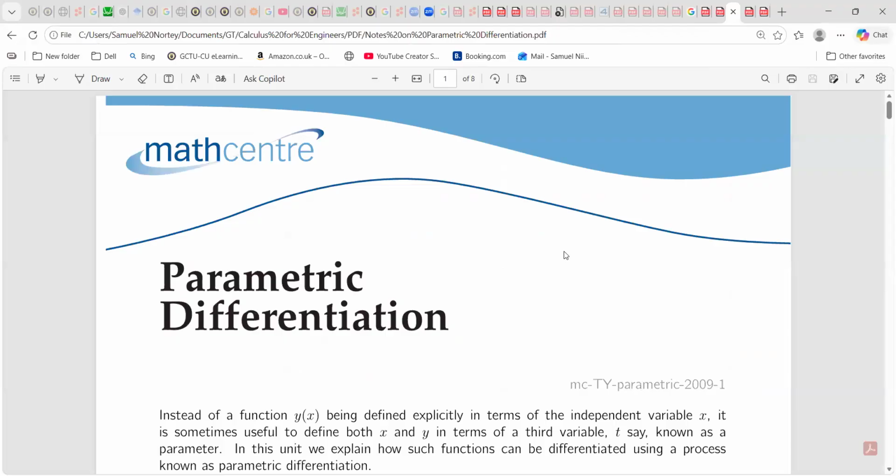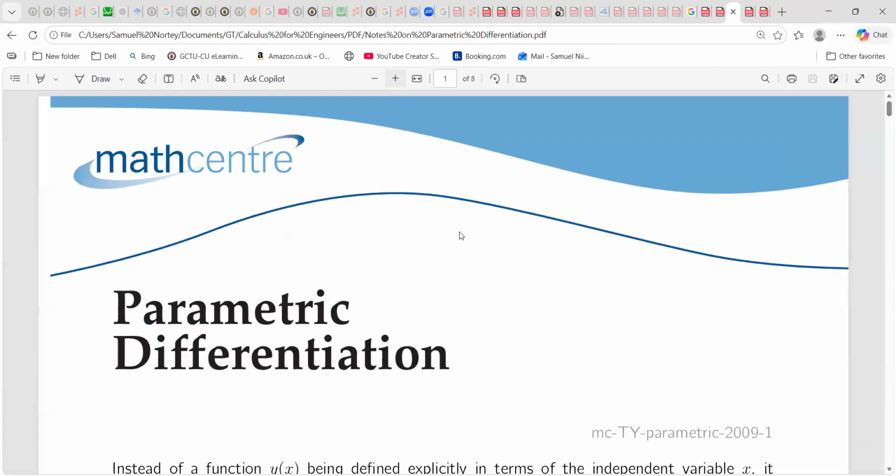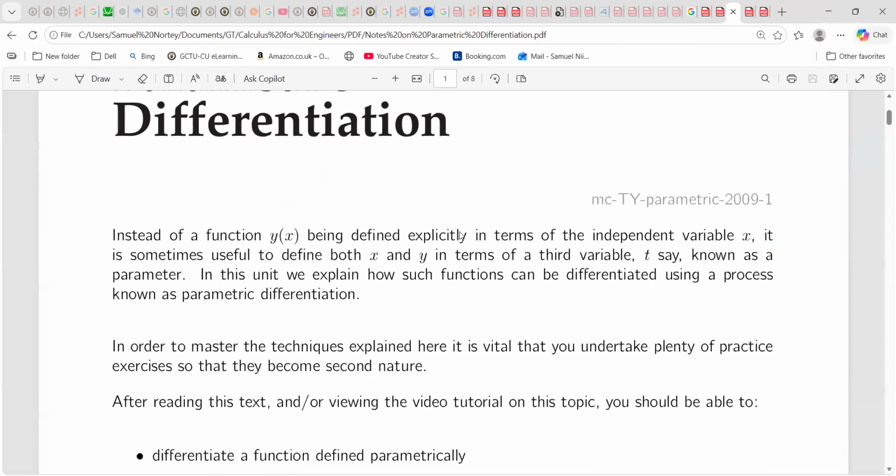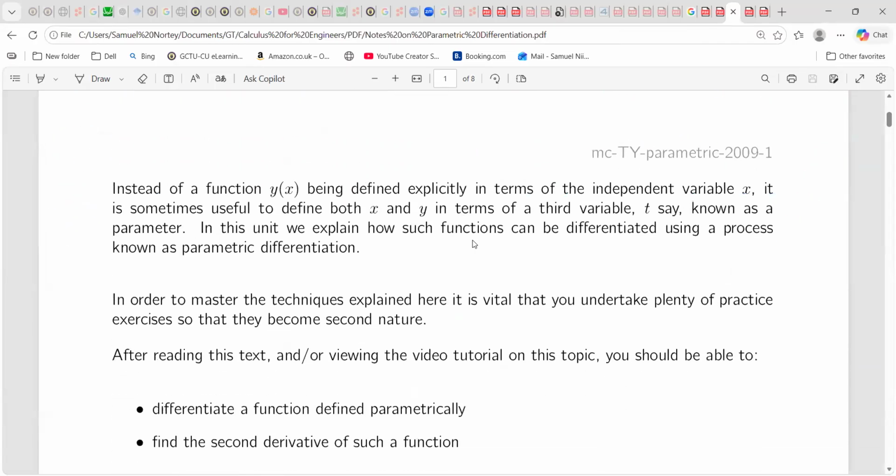First of all, what is all this about? There are a few things we need to go through. Instead of a function of y in terms of x being defined explicitly in terms of an independent variable x, it is sometimes useful to define both x and y in terms of a third variable.